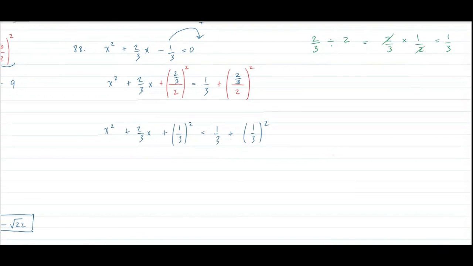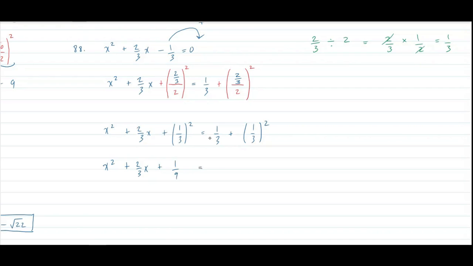Now, let's go ahead and take this left side and make it a little bit simpler. So you'll have x squared plus 2/3 x plus 1 over 9 on the left side. And on the right side, you'll have 1 over 3 plus 1 over 9.